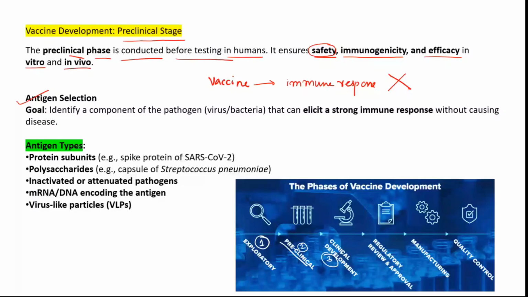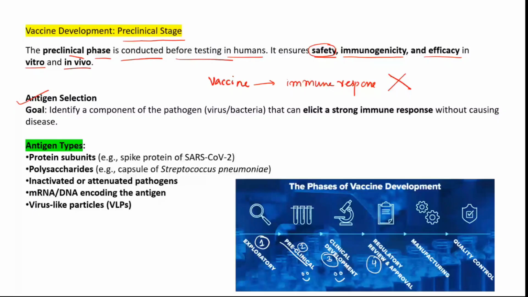Once your preclinical trial is good to go and you have also successfully passed the clinical trial, then you have this regulatory review and approval step. These are the steps you have to take into consideration while designing the overall vaccine.